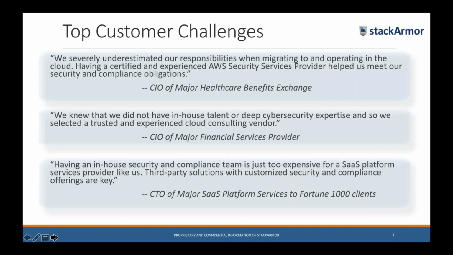Customers sometimes underestimated the amount of effort or the expertise required as you move into this brave new world of being in the cloud space. So it's critical, as you take that leap, to make sure that you have adequate understanding and talent to be safe and secure in the cloud.